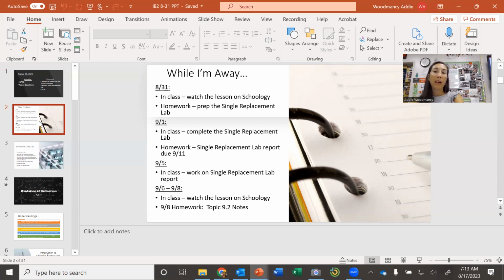Then you are going to write a lab report on this lab, and it's due on the 11th. On Tuesday when you come back, because we don't have school on Monday, you'll have all day in class to work on the lab report. And for the rest of the week, you'll just watch the lessons on Schoology.